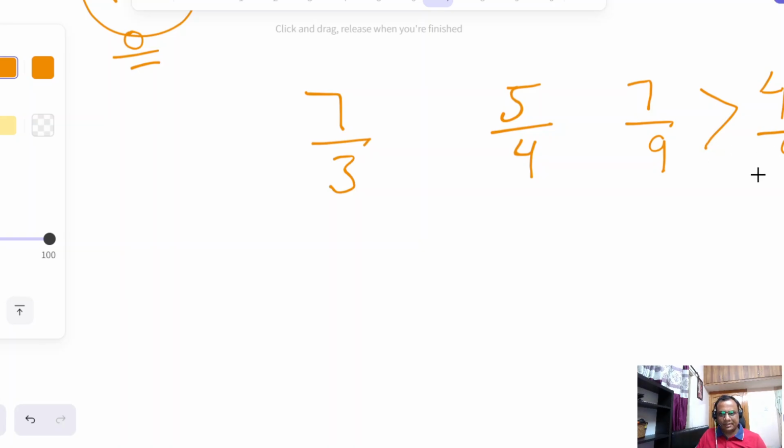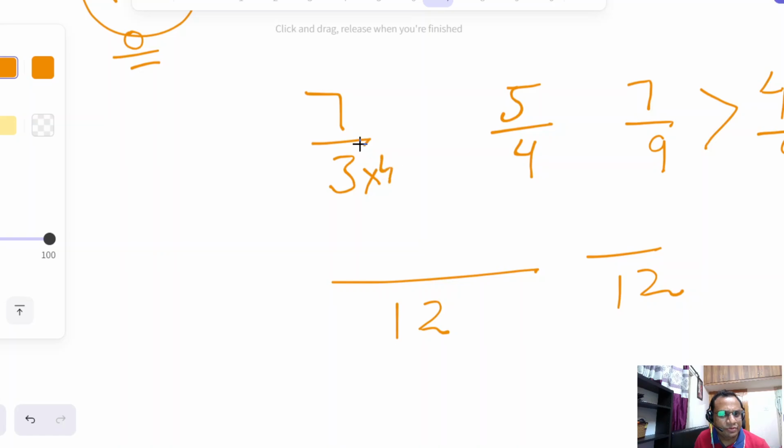But if they are not like fractions, then the same concept we used for addition and subtraction applies: we take the LCM and make the denominators the same. We'll take the LCM of 3 and 4, which is 12, and make both of them 12. So 3 times 4, 7 times 4 becomes 28. And this is 4 times 3 and 5 times 3, which becomes 15.